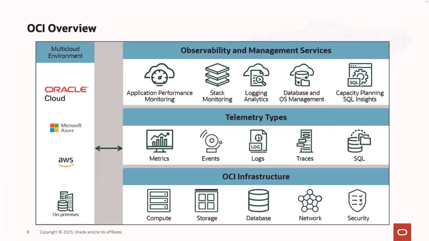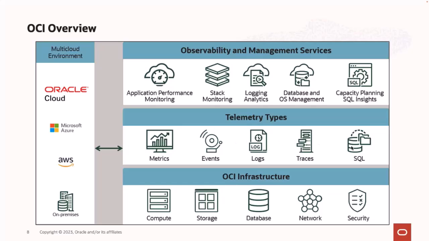All right, I wanted to give you a quick overview of what we have in observability management services. Observability starts from the core services, which are the OCI infrastructure services that entail compute, storage, database, network, and security. On top of that, we have built telemetry types such as what we call MELTs, which is metrics, events, logs, and traces.